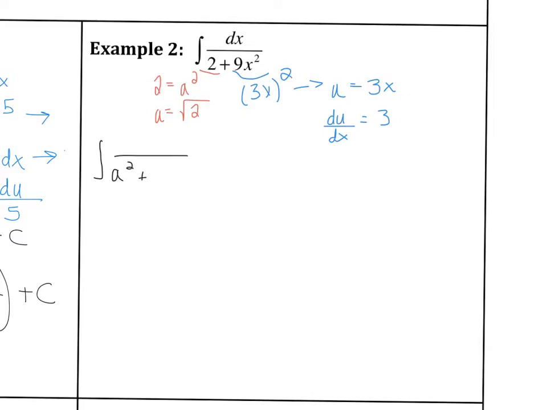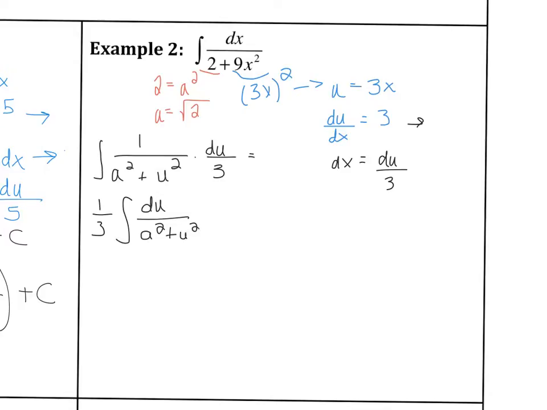Instead of writing 9x squared, I will write u squared. And then dx, with a little bit of algebra, you'll find that dx is exactly equal to du over 3. So I'll put a placeholder 1 there, and then a du over 3. And again, the over 3 I don't worry about because it just comes out front as a scalar multiple.